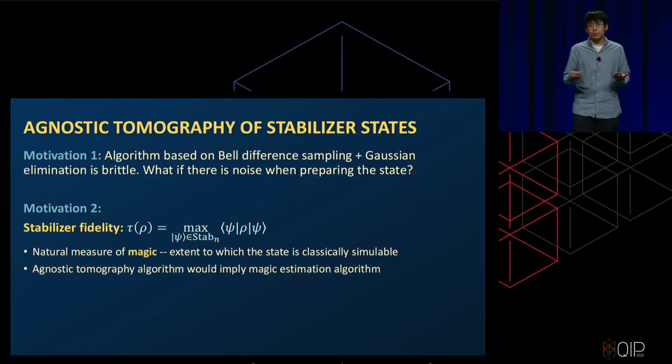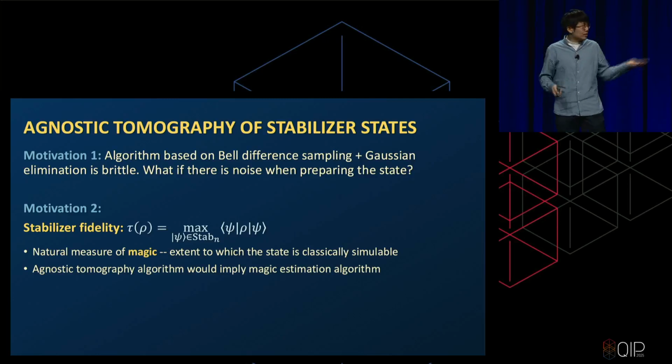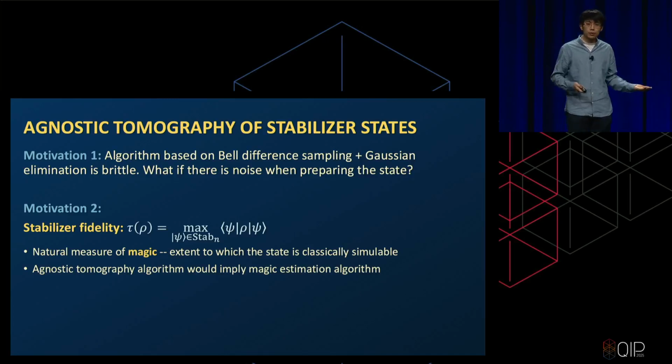This is just the maximum fidelity between your state of interest, rho, which might be non-stabilizer, and the closest stabilizer state, psi. Okay? And even if you don't really care about learning, you should, if you care about, for instance, quantifying the amount of magic in your given system, then agnostic tomography is a natural fit for that task. If I had an agnostic learning algorithm for stabilizer states, then I immediately get an algorithm for estimating stabilizer fidelity.